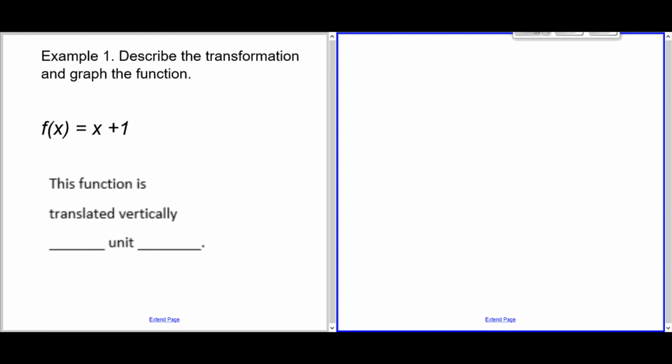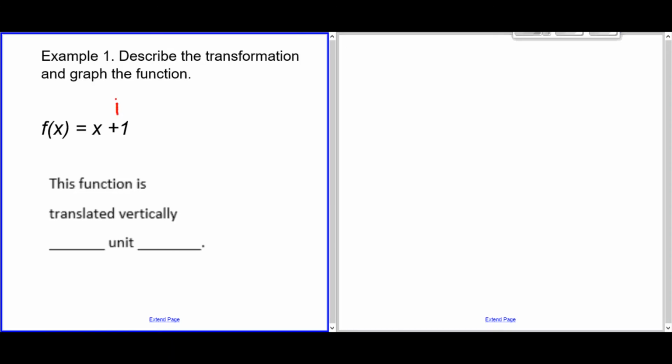So that would be considered to be outside. Outside is, remember, always a k value. So this is a k. So the function is translated vertically. Remember, k does exactly what the sign says. So k is going to move this 1 unit up.